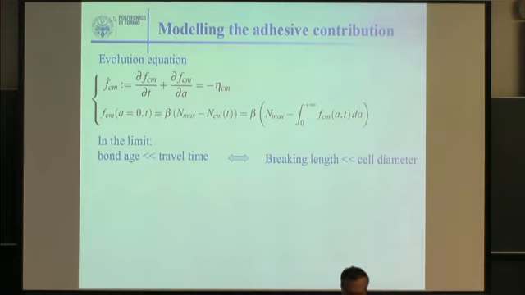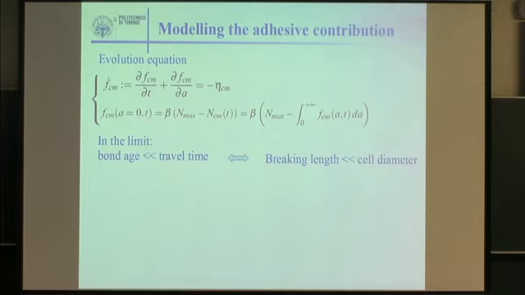Okay, luckily, bonds are renewing very fast compared to the typical velocity of the cells. So the bond age is much smaller than the travel time, or equivalently, one could prove that this is equivalent to saying that the breaking length of the bond is much smaller than the cell diameter. I think that this can be understood.